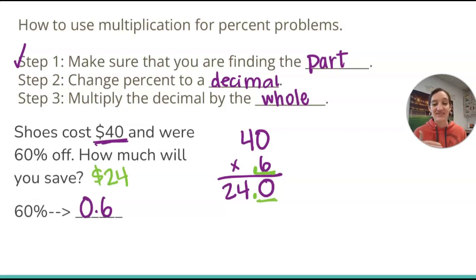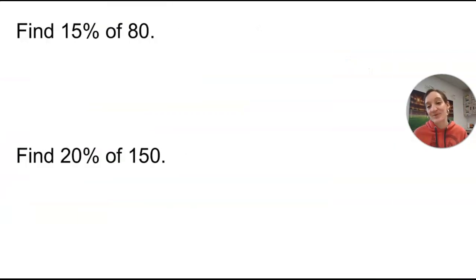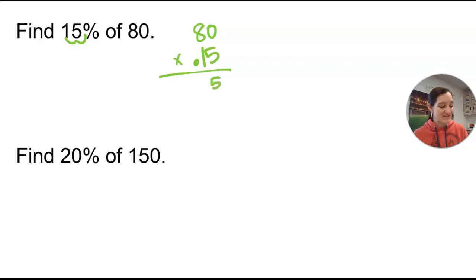That, if we go through those steps, is what you can do for any percent problem. So if you want to find 15% of 80, well, you just change 15% to 15 hundredths, change it to the decimal, and multiply away. 5 times 0, 5 times 8.